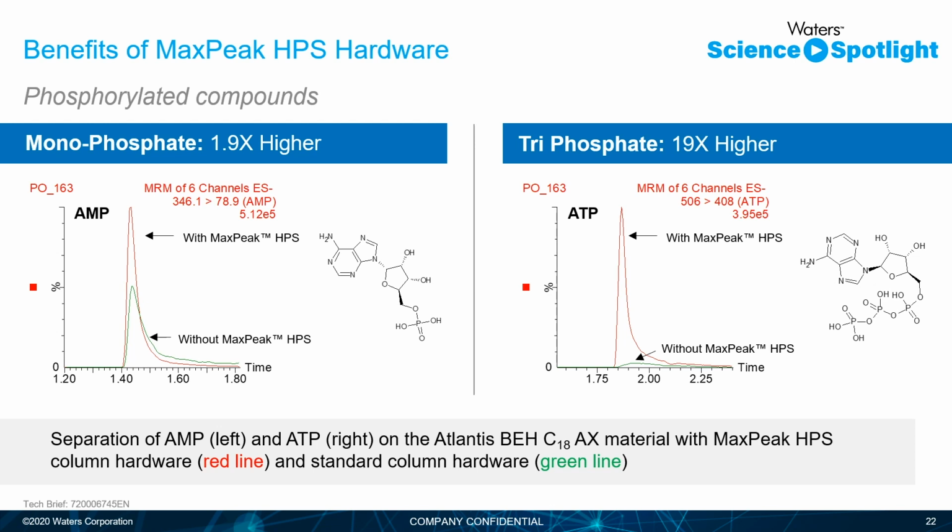But if we look at the triphosphate version of this molecule, adenosine triphosphate, you can see that with the MaxPeak High Performance Surface hardware, we get almost a 20% higher signal intensity. Without the MaxPeak High Performance Surface hardware, this analyte is almost adsorbed to the stainless steel surface, and you can barely see it in the baseline of this chromatogram.